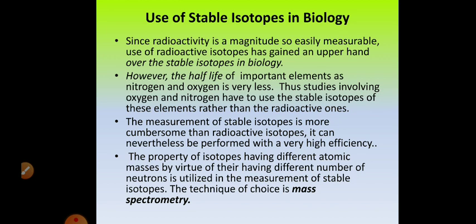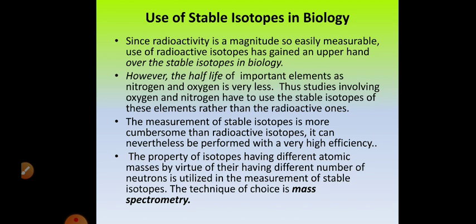Now, the property that isotopes have different atomic masses, because they have different numbers of neutrons, is utilized in the measurement of stable isotopes. So how are we going to measure the stable isotopes? The technique most commonly used is mass spectrometry. So today we are going to study the measurement of stable isotopes by mass spectrometry.